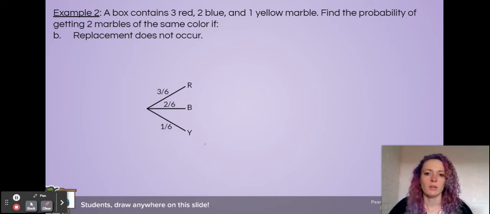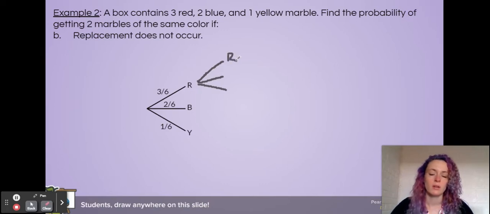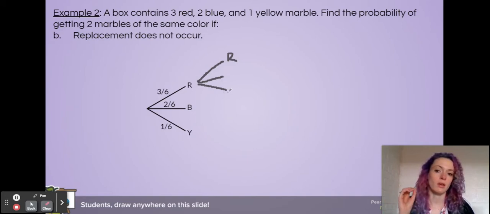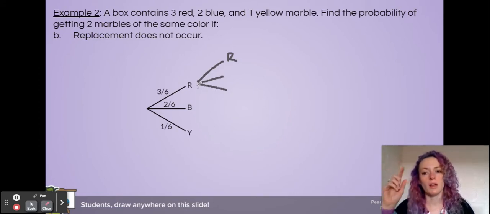And now when I go into my second pull, it's going to be different, because if I pull that second red marble, not only is my sample space, or my possibilities, down to 5, but if I pulled that red marble first, that means there's now only 2 red marbles left.